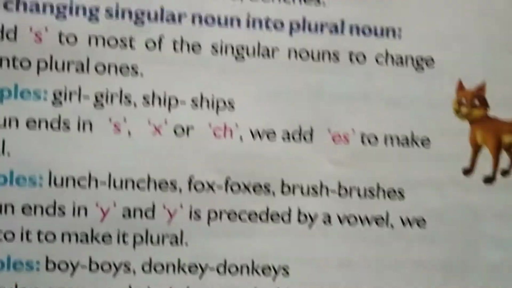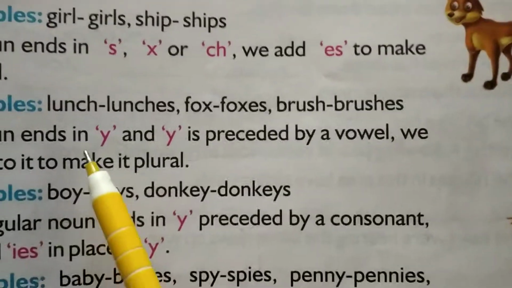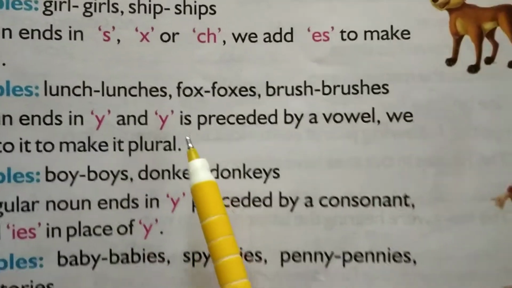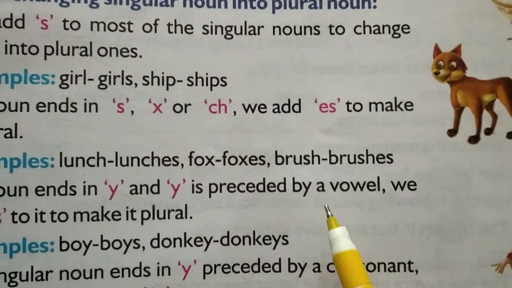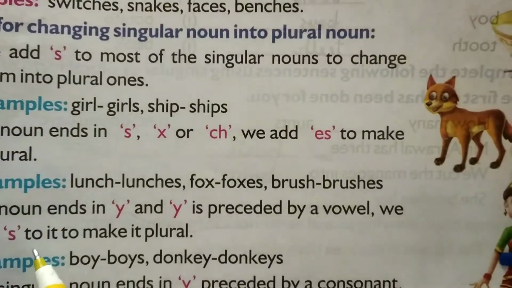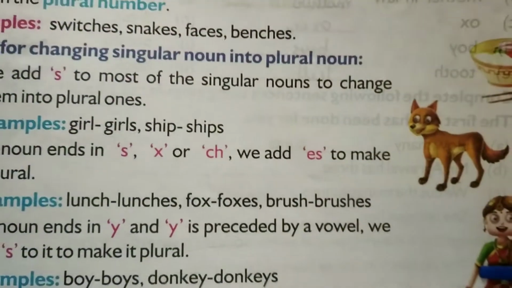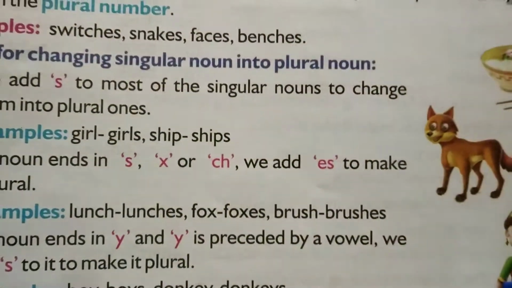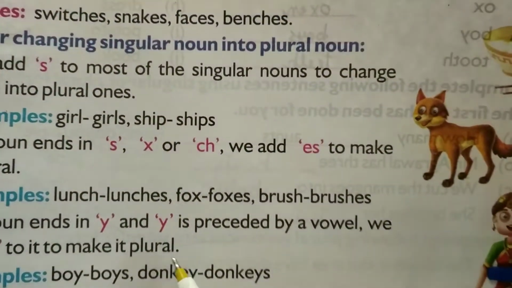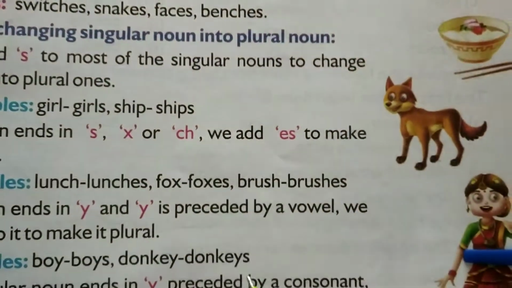Now the third rule: if a noun ends in y and y is preceded by a vowel, we add s to it to make it plural. Like the example is boy, boys, donkey, donkeys.